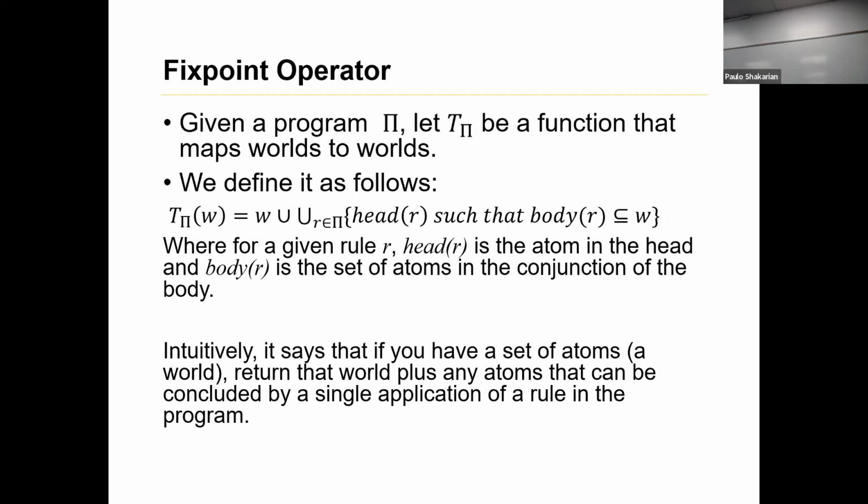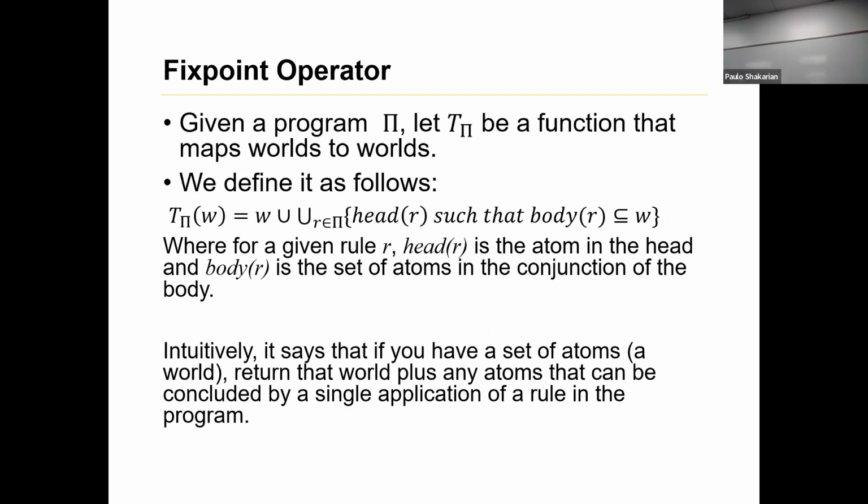Our fixed point operator for this toy example is: T of W equals W union the head of all rules such that the body of the rule is in W. All elements of the body of the rule are in W. Intuitively, this means I'm going to make one forward inference step based on the elements of W.